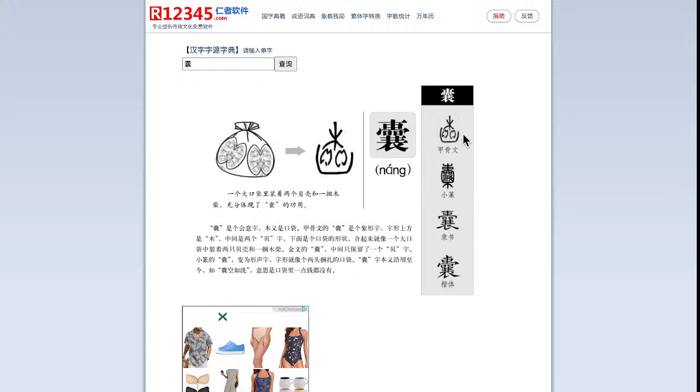Like in 甲骨文, the variation character that they carved onto turtle shells, it looks like a bag, and inside the bag there are two shells. Okay, so this is this, but later on they changed the character.